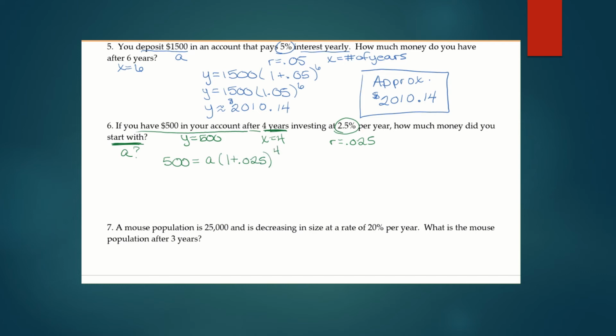Okay, so let's go ahead and solve for A here. So we can do this. 1.025 raised to the power of 4 is kind of a yucky decimal here. So I'm going to take this value, I'm actually going to try and almost leave it in my calculator. I'm just going to say, let's divide all of this by 1.025 raised to the power of 4 here.